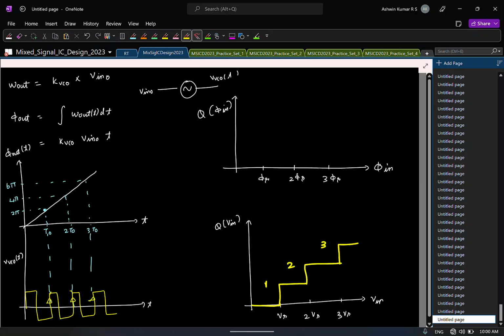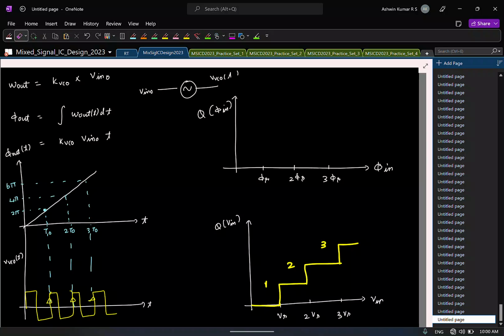What is the phase you can make out from this waveform? 0, 2 pi, 4 pi, because every oscillation cycle corresponds to 2 pi phase. So 2 pi is the only phase you can exactly say by looking at the waveform.